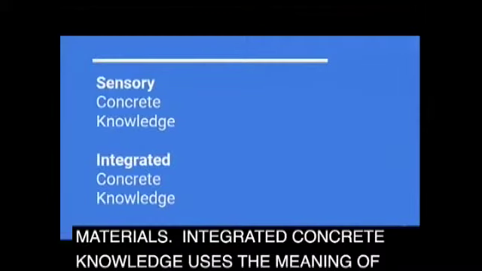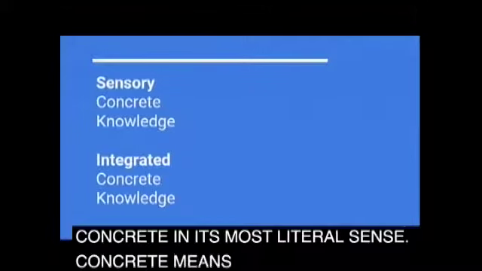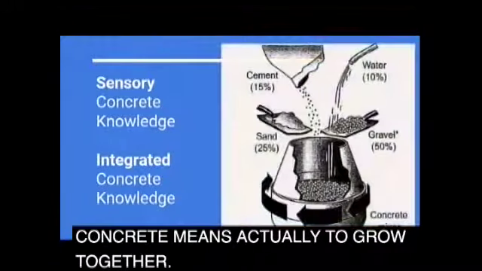Integrated concrete knowledge uses the meaning of concrete in its most literal sense. Concrete actually means to grow together, right? It's from the Latin concrescere. And when we think about how we make concrete, it has different things come together to make it.